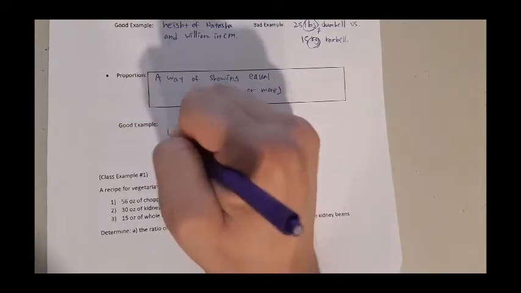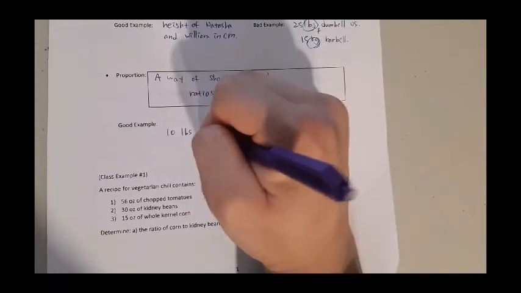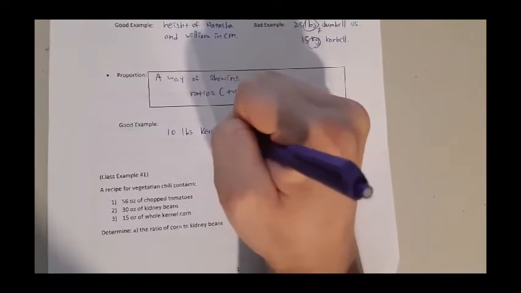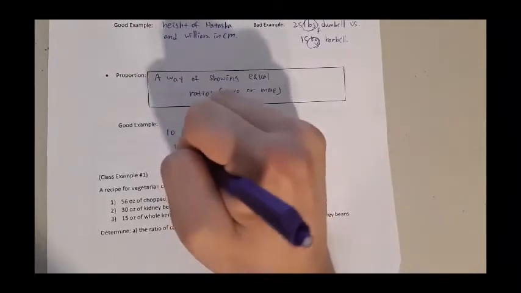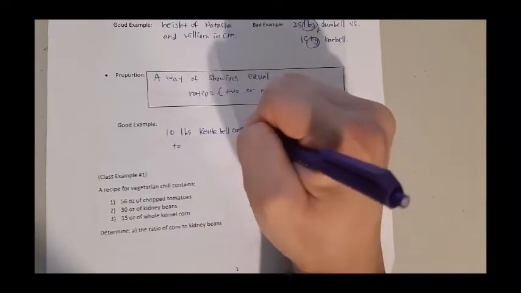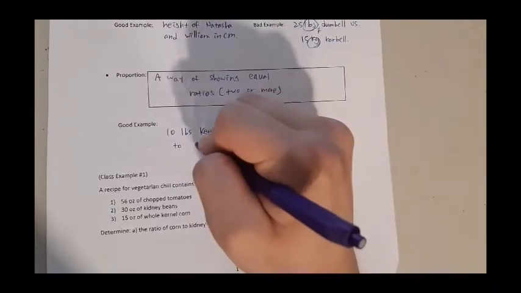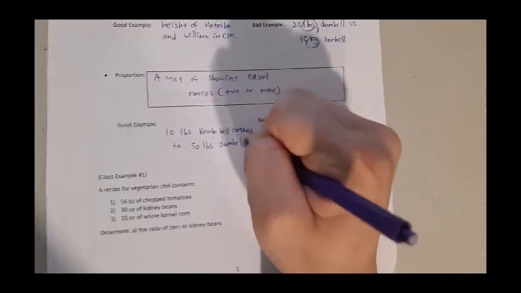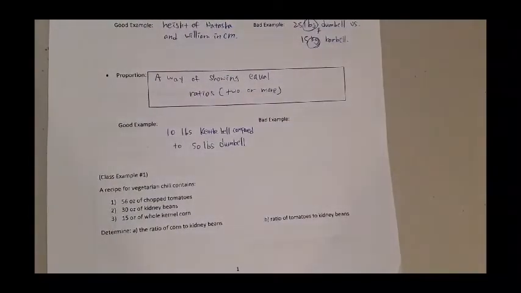A good example is, for instance, I can compare a 10 pound kettlebell to a 50 pound dumbbell. That's a good example of how we can use proportion in math.